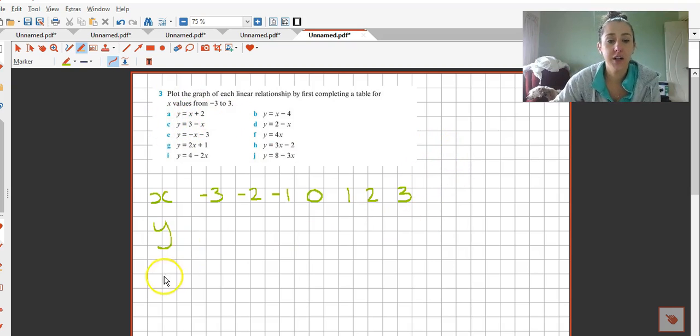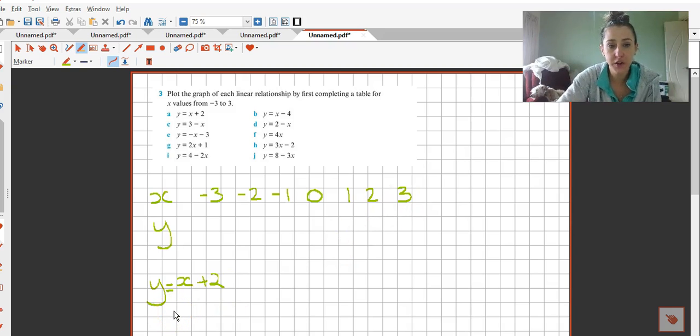Okay, so if we take a, y is going to be equal to x plus 2. So what we do is we take our x value, and let's start up at 3 because, of course, we generally feel more comfortable and confident working with positive integers. So we've got 3.